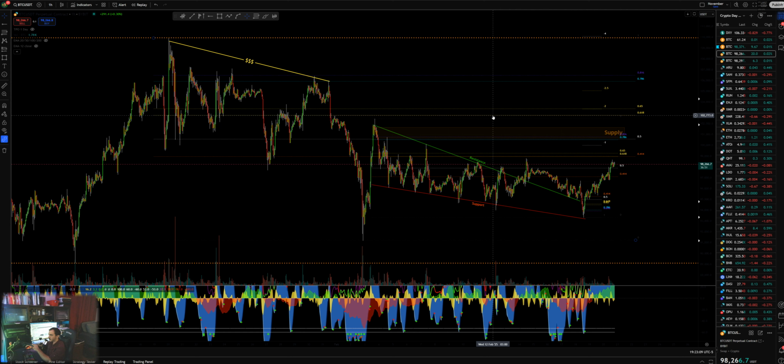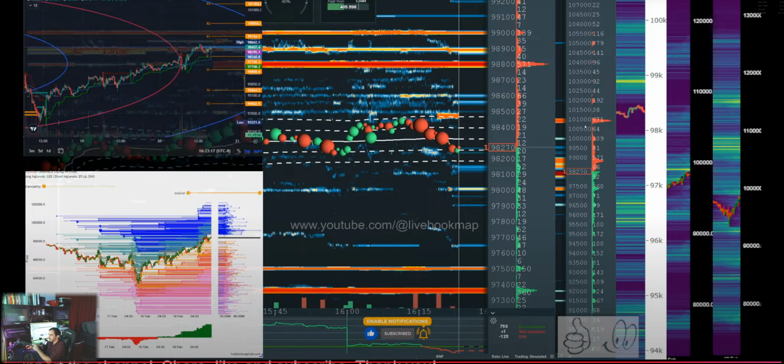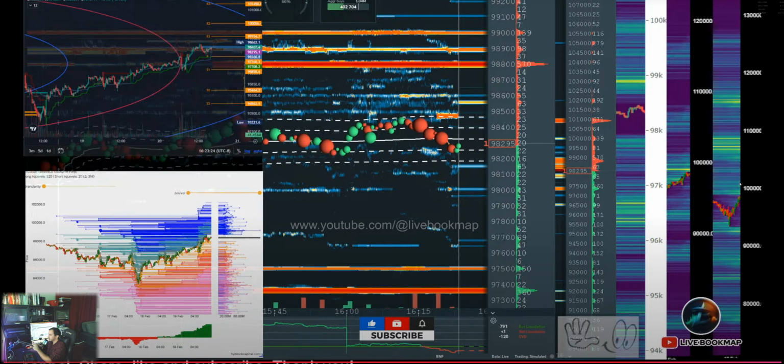And then we also have the 102,000 up here. I feel like that 101,000 is going to be a major resistance. Just from what I've seen, it's looking like everything's lining up for that area. This is what our liquidity map looks like as well. So we do have some liquidity up into that area too.